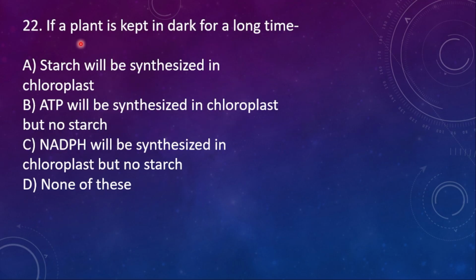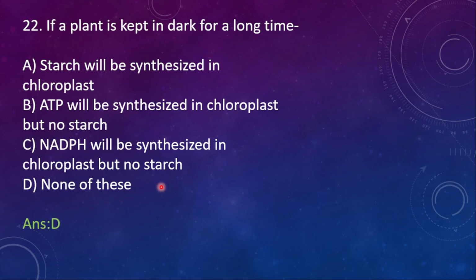22nd question. If a plant is kept in dark for a long time, option A, starch will be synthesized in chloroplast. B, ATP will be synthesized in chloroplast but no starch. C, NADPH will be synthesized in chloroplast but no starch. D, none of these.